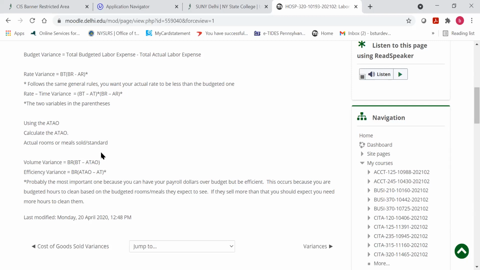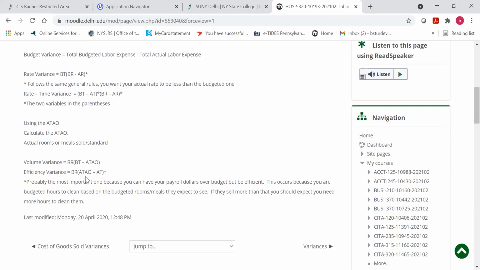This is the time you should have spent based on the number of rooms sold or covers sold. And then you're going to multiply that by your budgeted rate. This one, I think, is the most important one out of all of the variances that we do. And that's your efficiency variance.